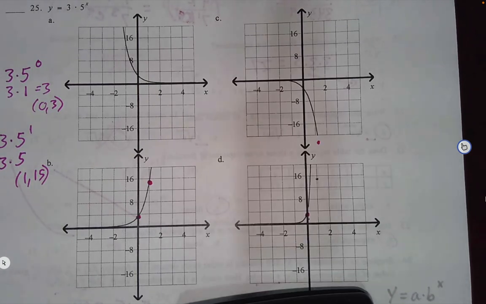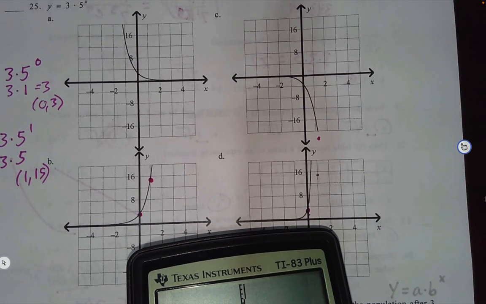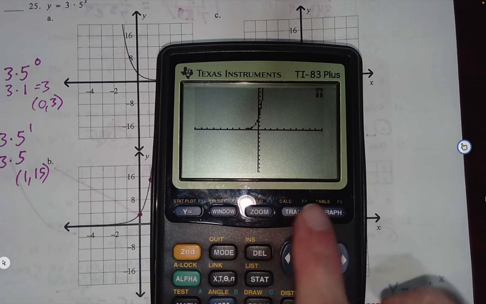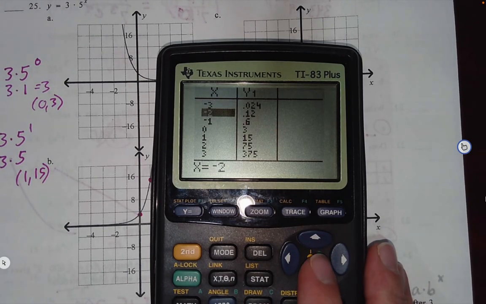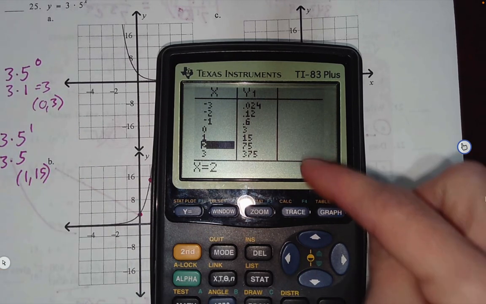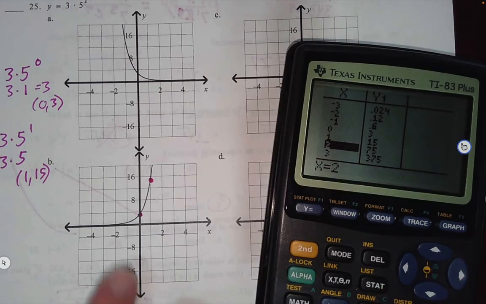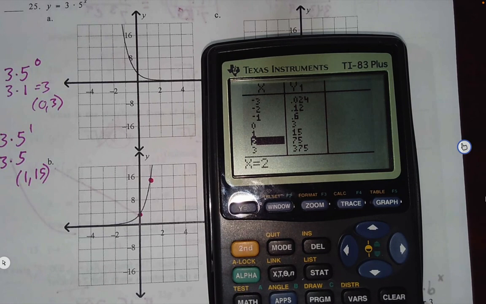Sometimes it's hard to tell by just looking at your graph because you might think it's D just by looking at it. Press second graph. They give you a whole bunch of numbers to check. See how we were trying to plug them in? We don't have to do that. We could just come look right here. If I go over 1 and up 15, then I could have seen that was my answer. I forgot how to do that. Yeah, it's just second graph.